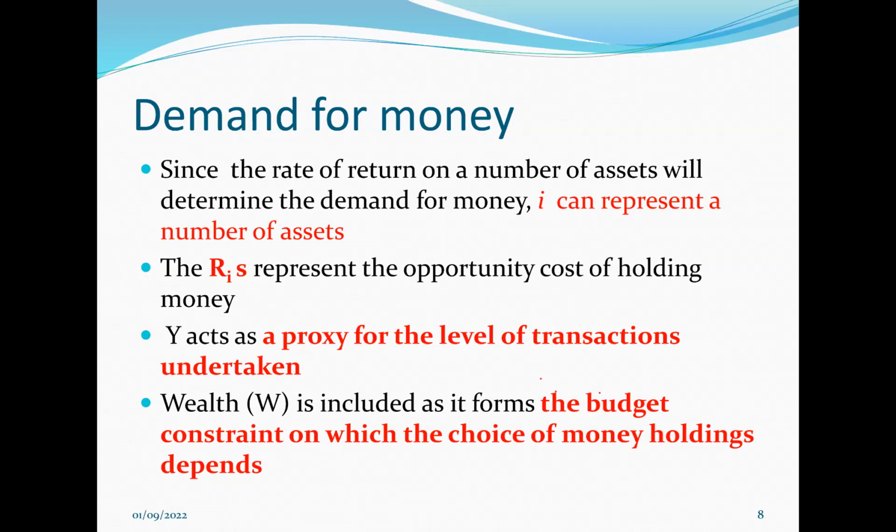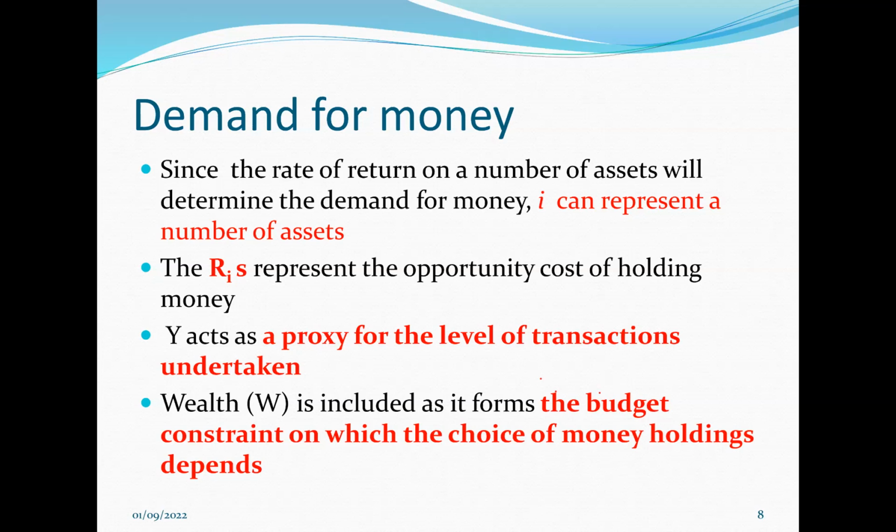So let Y act as a proxy variable for the level of transactions undertaken. And then wealth, let it be included as it forms the budget constraint on which the choice of money holding depends.